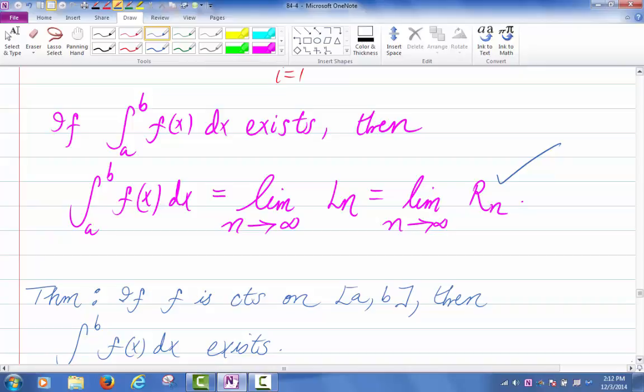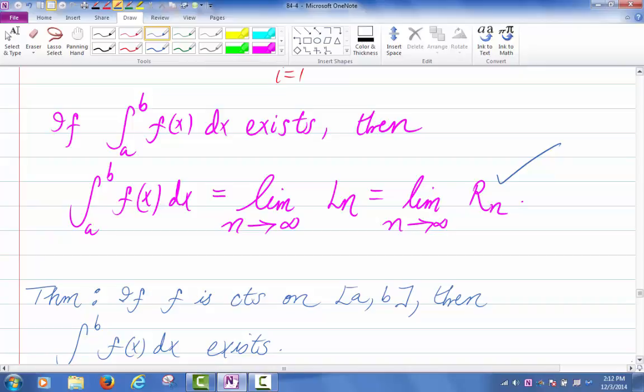If the limit doesn't exist, the integral doesn't exist. Now, if the integral exists, then the integral will be equal to the limit of Ln or Rn as n goes to infinity. The limit of Ln or Rn as n goes to infinity will be the value of the definite integral.